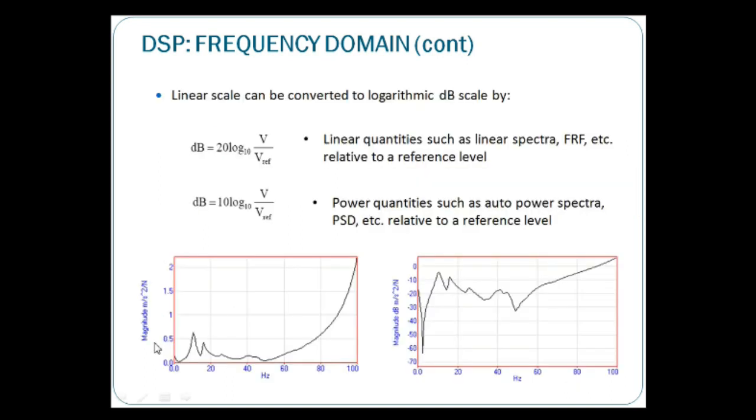If you are converting to dB, your quantity is a linear quantity, such as voltage V in linear scale. Basically, you convert to dB because it is relative, compared with a reference signal. If V is larger than your reference, then it's a positive dB.